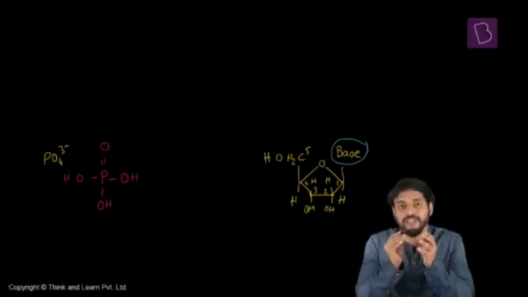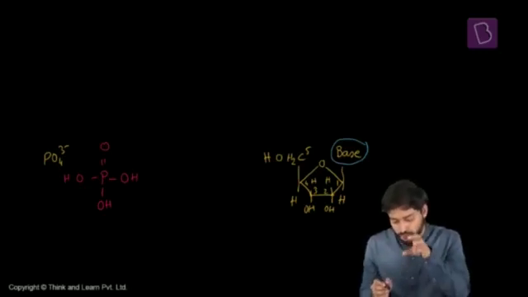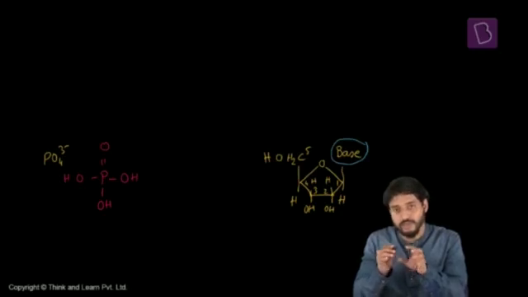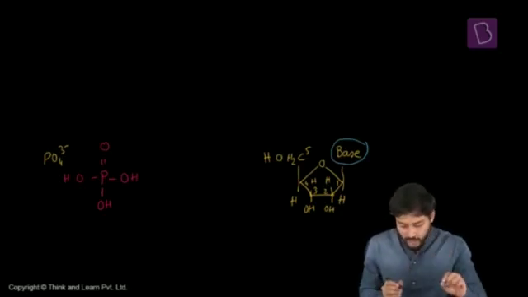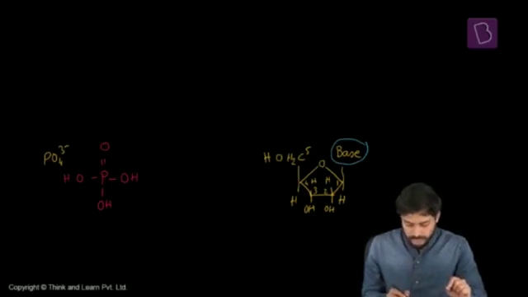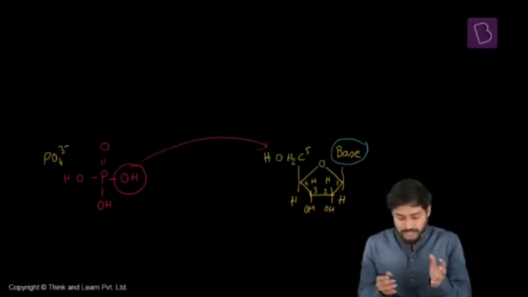Now, how is the reaction going to happen, how is the phosphate going to attach itself to the ribose sugar and the base which is already attached? The base is attached to carbon 1, and now this OH you are seeing will be attacked over here. This is a very crude way of saying this.